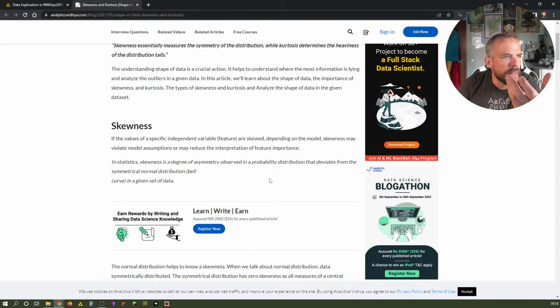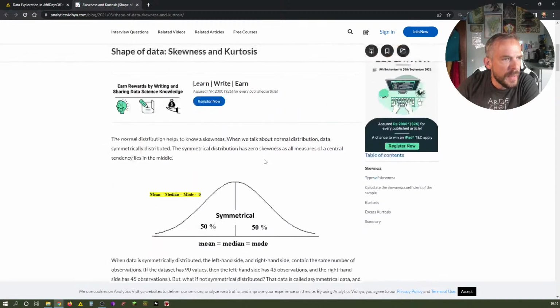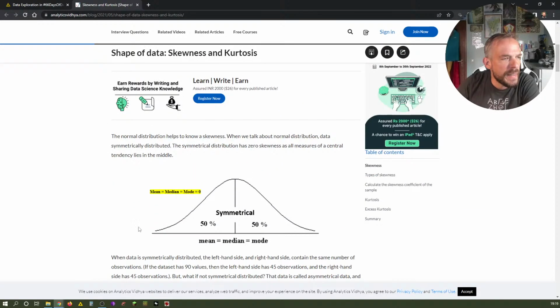Skewness is a degree that basically says things are not as evenly distributed as we have just seen. When we have the normal distribution and it's completely symmetrical, median, mean, and mode, the three values that we talked about yesterday, are basically the same.